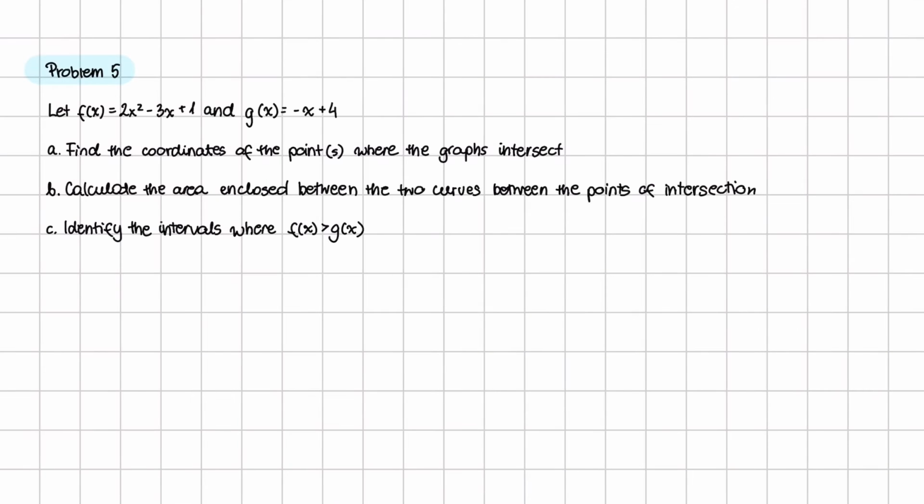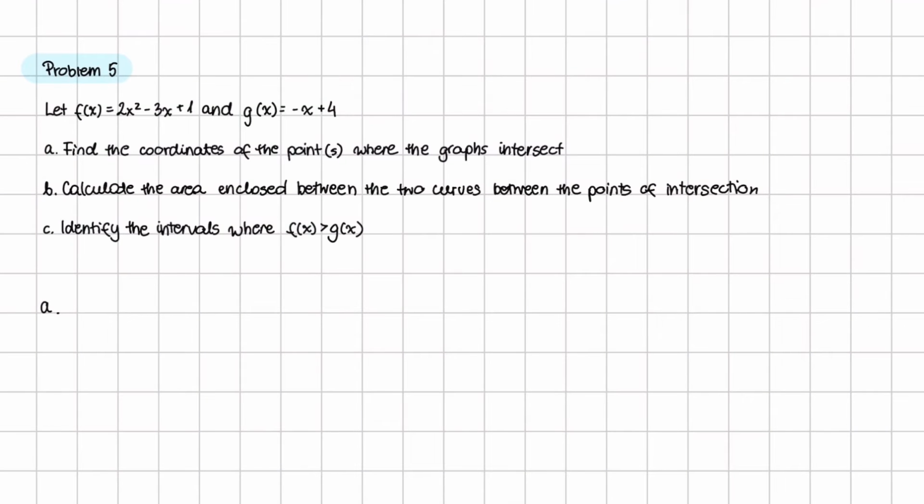Problem 5. Let f(x) be equal to 2x squared minus 3x plus 1 and g(x) equals minus x plus 4. And in A we have to find the coordinates of the point or points where the graphs intersect. And in order to find the coordinates of these points, our function f(x) has to be equal to our function g(x).